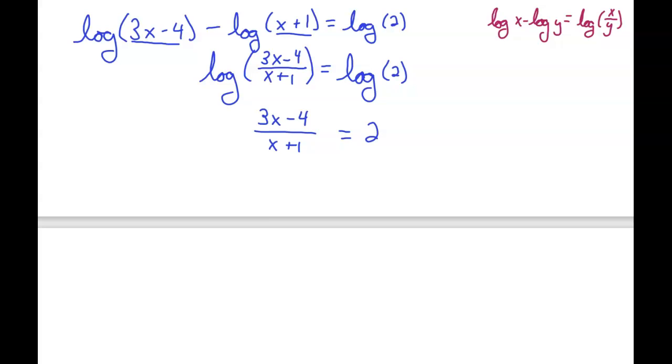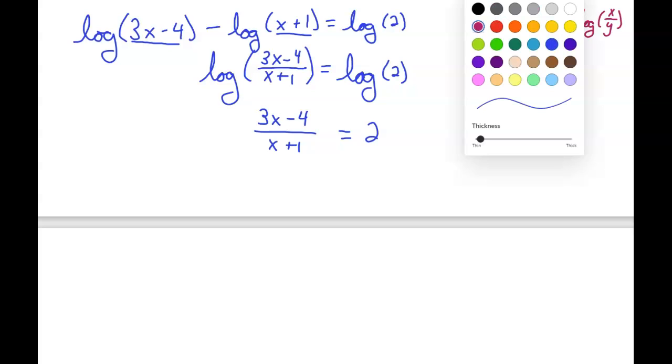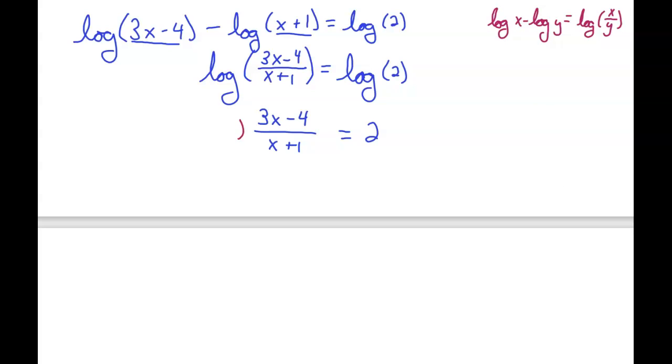And I will solve. Well, in order to solve this, I need to multiply both sides by my x plus 1, so that I can get rid of this denominator. When I do so, I will have 3x minus 4.